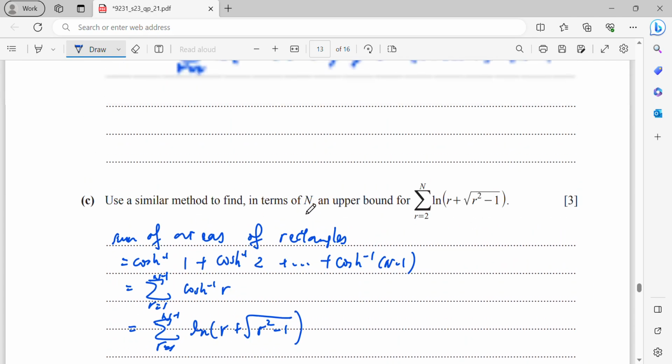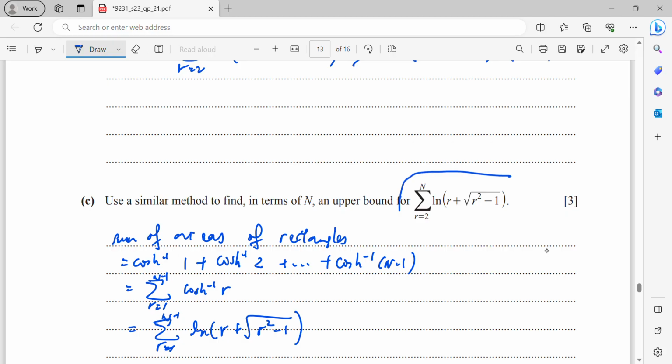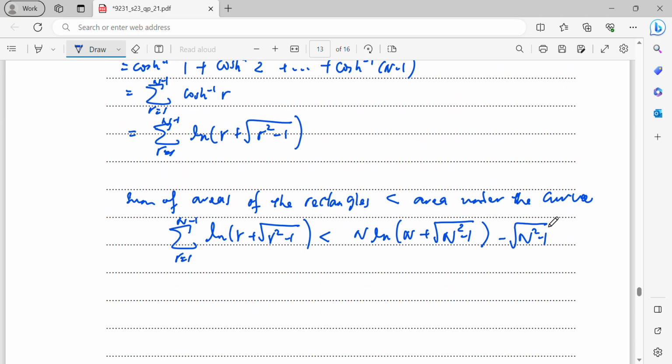Okay, so then now you need to get this. R starts from 2 until n. But right now I'm getting r starting from 1 until n minus 1. So I will write summation r starting from 2 until n of ln of r plus square root r squared minus 1. It will be the same as summation r from 1 to n minus 1 of ln of r plus square root r squared minus 1.